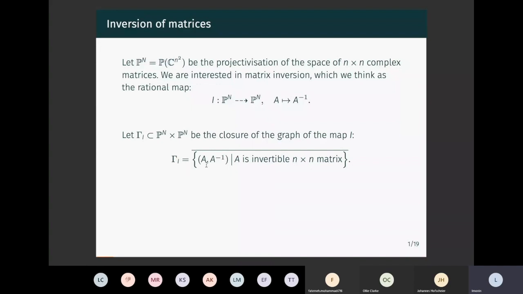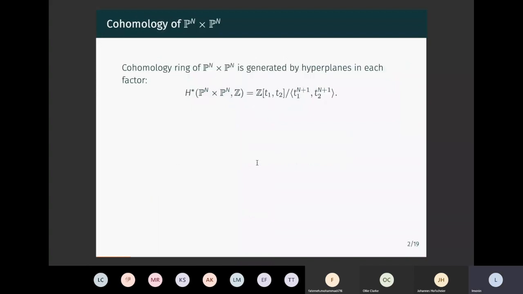This is the closure of the set of pairs (A, A inverse), where A is an invertible matrix. So this is a subvariety of a product of projective spaces. And the basic question we're going to study is what is the cohomology class of this subvariety.